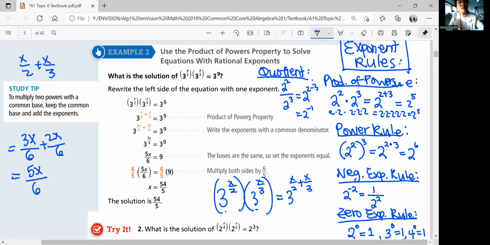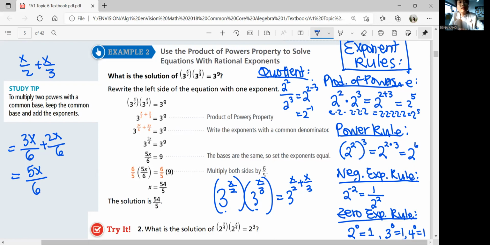And if your bases are the same, the exponents should be equal to each other if the numbers are equal, right? 3 to the something power is equal to 3 to the 9th power, which means there's only one answer for 3 to the 9th power, right? So that exponent must be equal to 9.